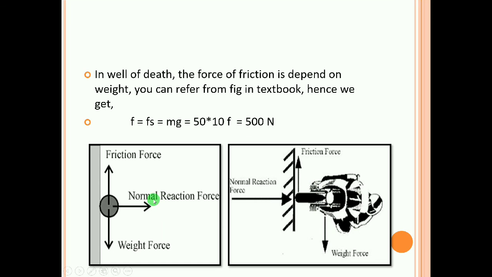In that condition, if you follow the vector diagram of forces, weight is balanced by the force of friction and the normal reaction will be in this direction, right? So actually the force of friction is nothing but weight, that is mg. We are taking m as 50, g as 10. So 50 into 10, F will be equal to 500 Newton.